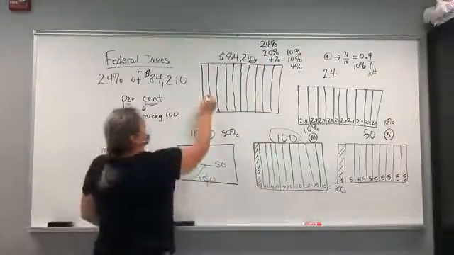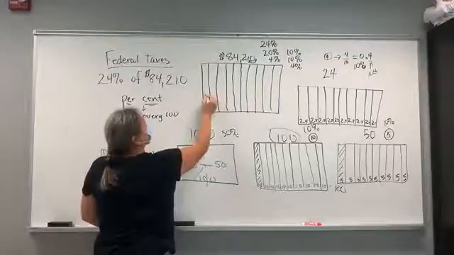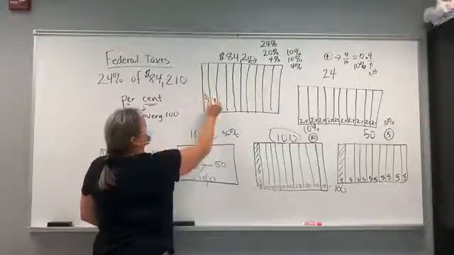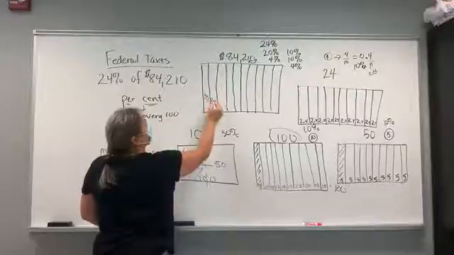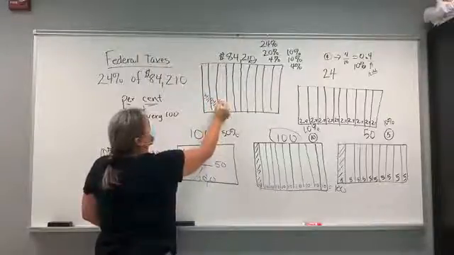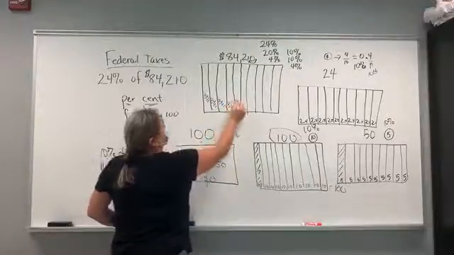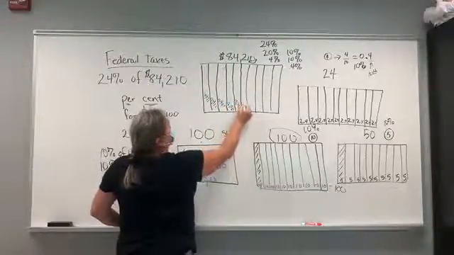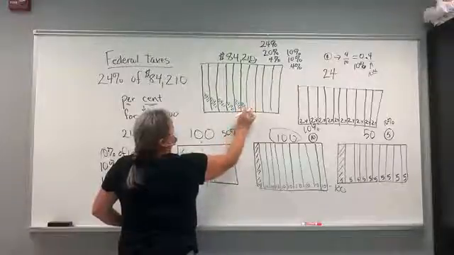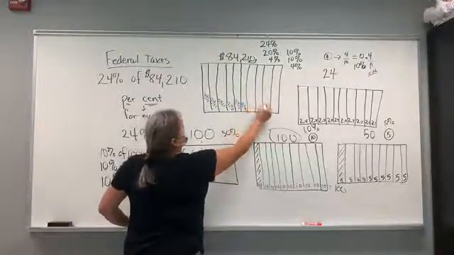So we know that each of these is worth 84,210, so 8,421. And so on.